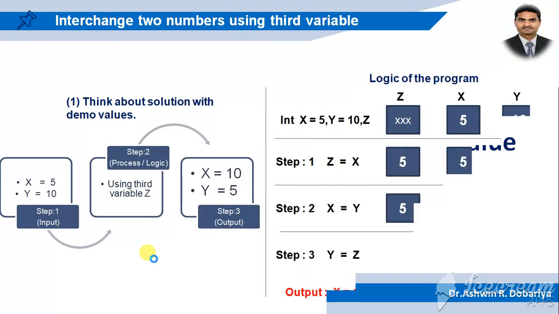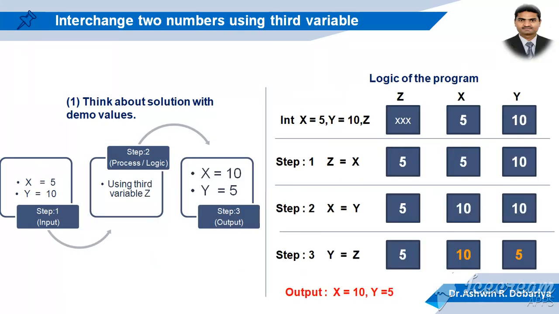Let's see how to develop the logic of this program. First we'll take two sample values: suppose x is 5 and y is 10. This is just for understanding. Friends, whenever you are solving any C problem, always take certain dummy values and try to solve it in a natural way.